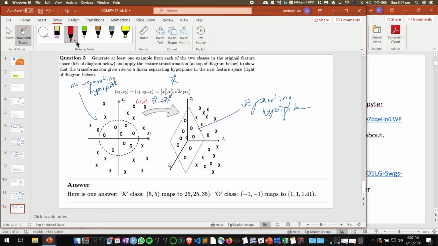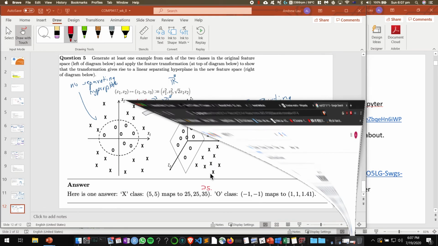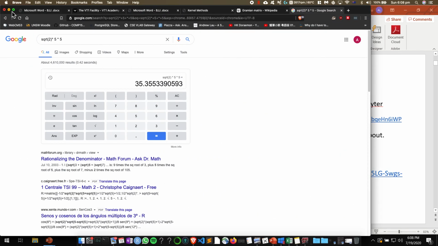I will check this, but I think that should be 35.4. Anyways, you map it over here, and it's a bit hard for me to draw it in 3D, but it might be one of these X's. Let's call this one 25, 25, and then 35. Oh yeah, maybe they just rounded it. That's fine. They just rounded it to the nearest integer.